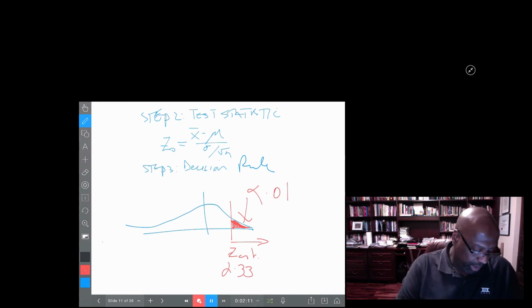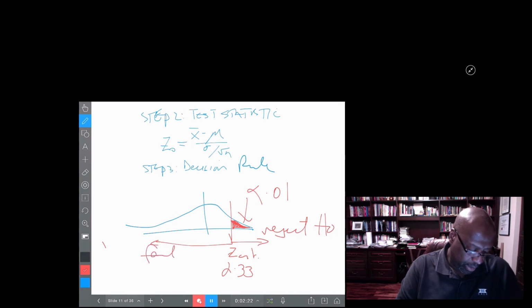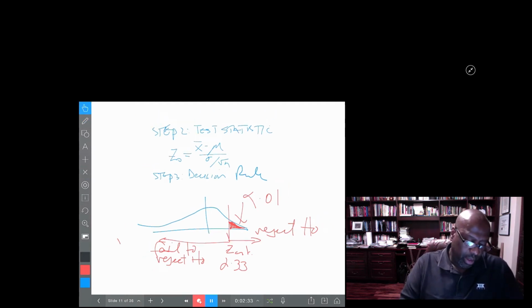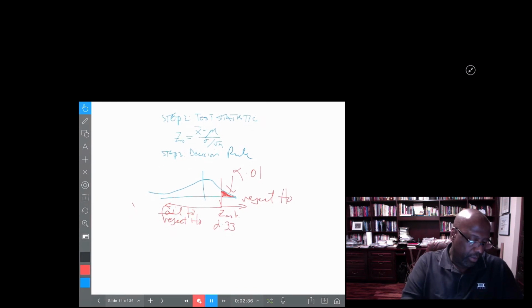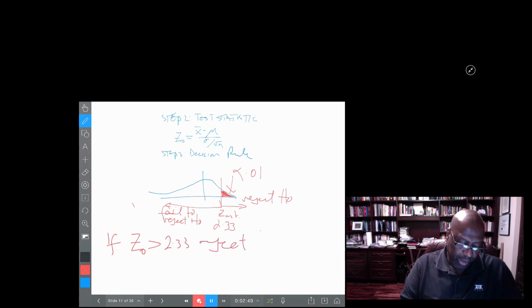So our decision rule will be, so this is reject H0. And then of course here would be fail to reject H0. All right? And so we'll say if Z, our observed value, is greater than our critical value, which is 2.33, reject H0.